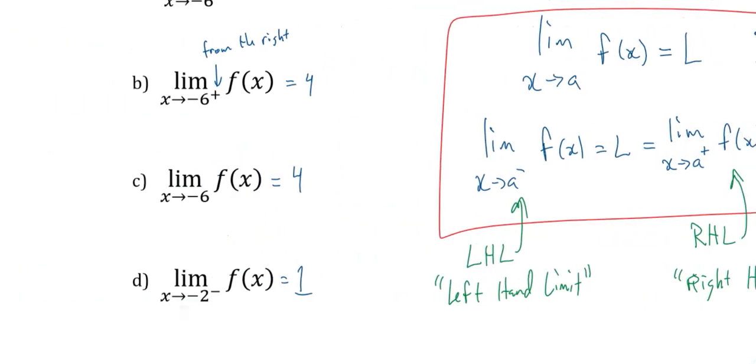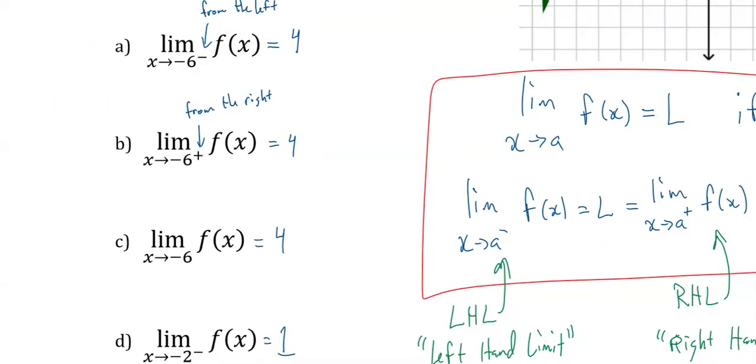So I'm just going to go back and make a couple little notes here. Remember when we looked at these first three, A, B, C? The limit as x approaches -6 of f(x) equals 4 because the left hand limit equals the right hand limit. Remember you guessed, and it was an intuitive guess.